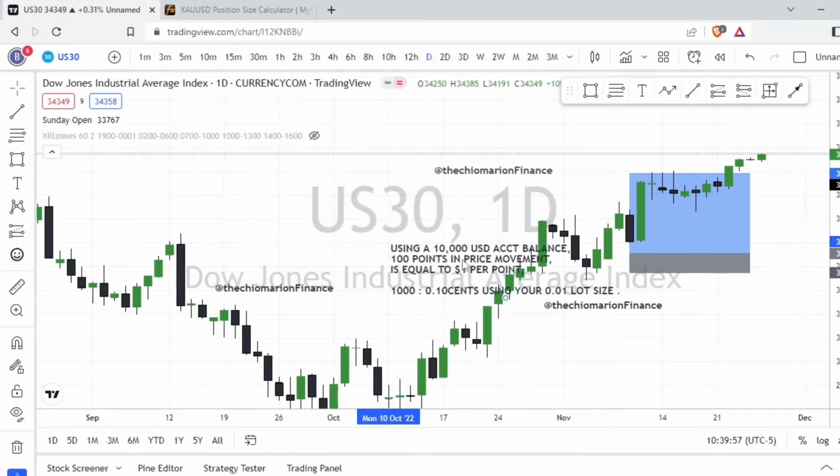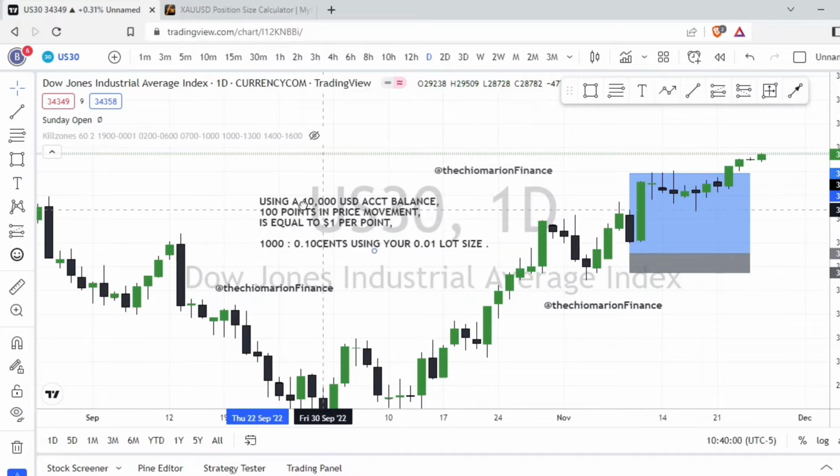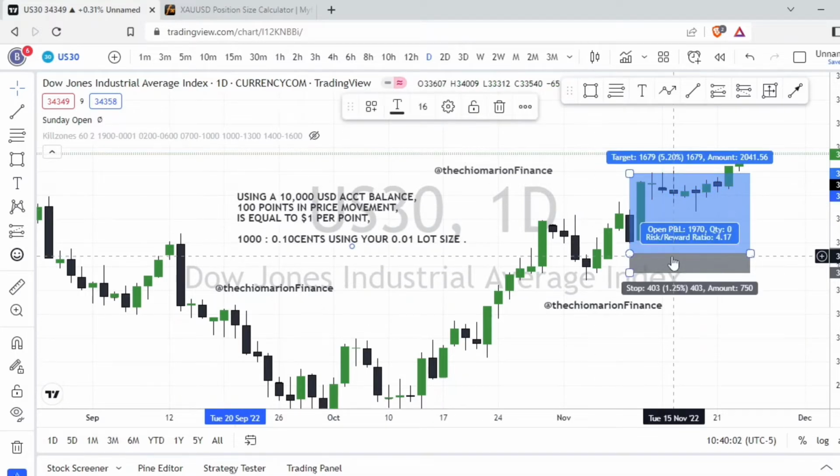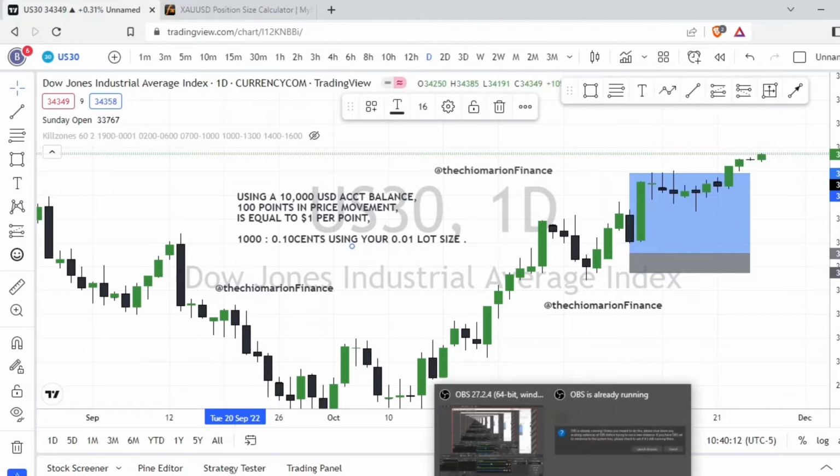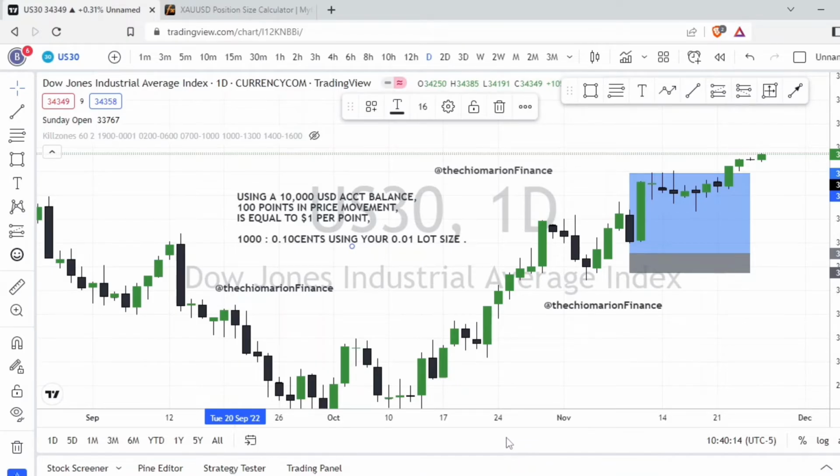So let's go to the other way of calculating this, using our percentage. Using the risk to reward tool, let's just say we have a $100 account balance. Now let me go to my phone and see how to do this with a calculator.